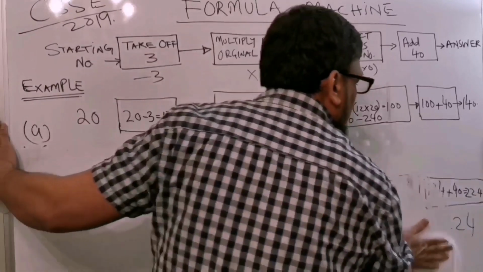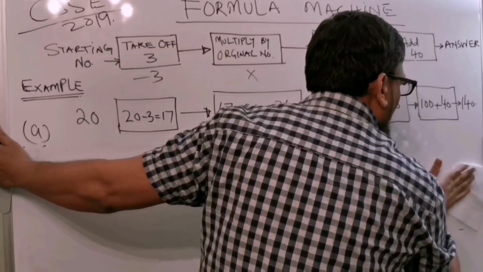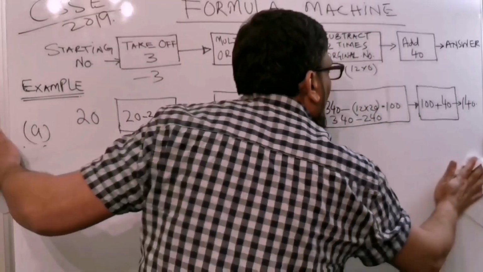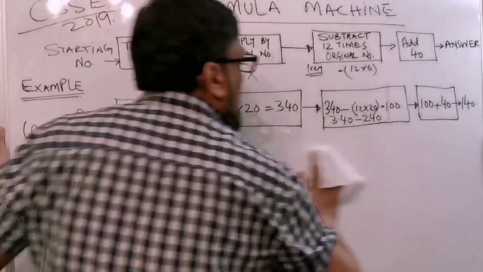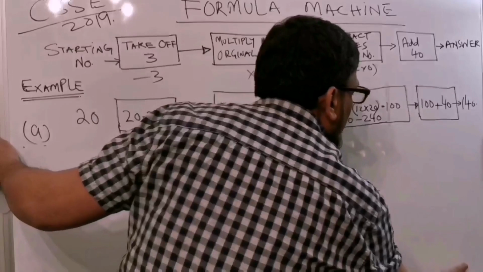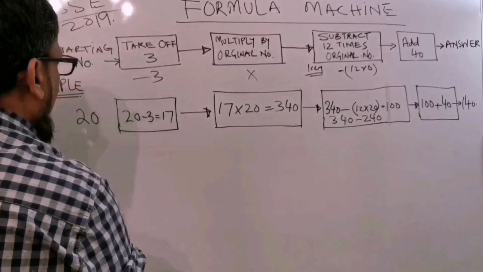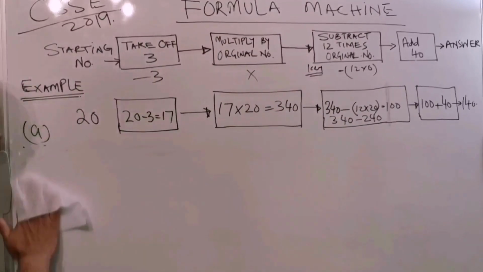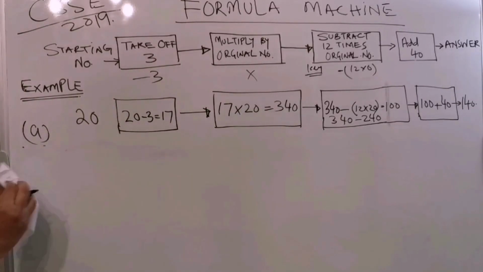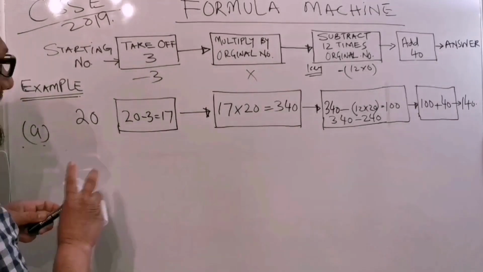We are going to discuss the whole calculation on the basis of reverse calculation. Reverse calculation means, so they are giving you the answer which is 40.